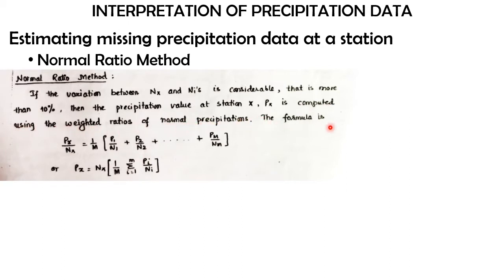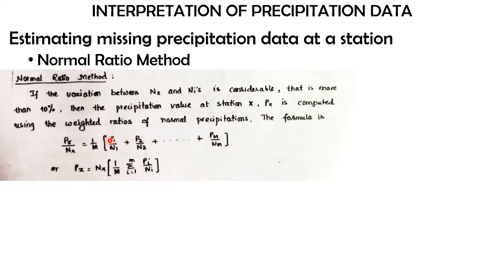The formula for this is Px by Nx is 1 divided by m into bracket P1 by N1 plus P2 by N2 plus and so on up till Pm by Nm.